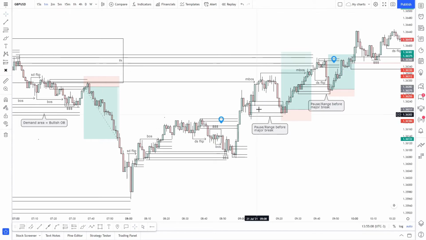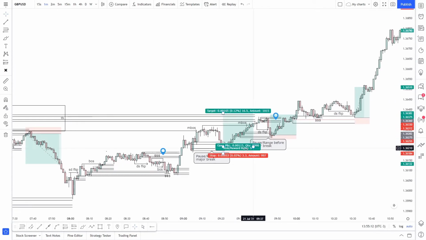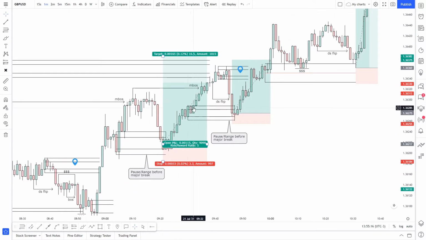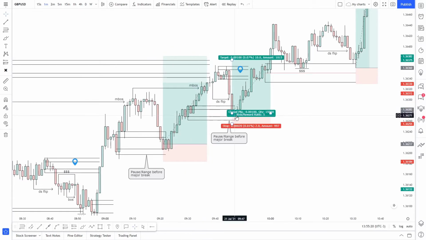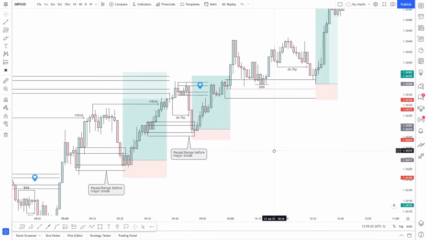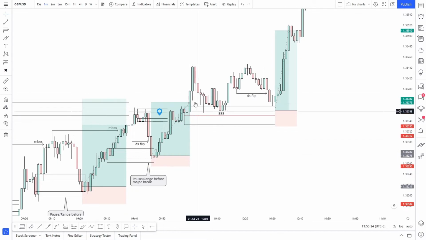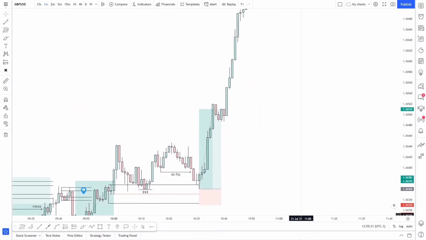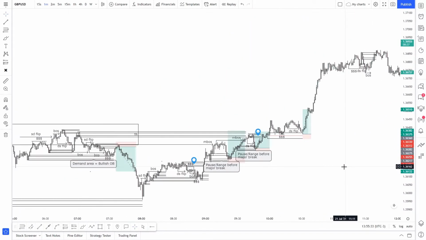We then push higher. We have a pause. We have a major break. Price comes back to mitigate the pause. Then we start to push higher. We have a pause, or we could call this a range, just before a major break, which price comes back to mitigate. Another take profit, and then we have another range or pause before a major break that was mitigated and gave another pretty good trade, right?